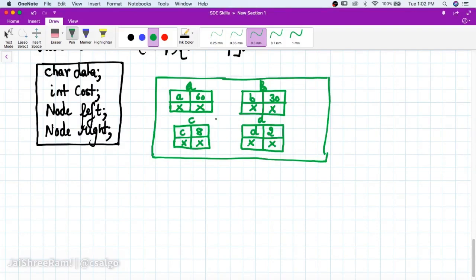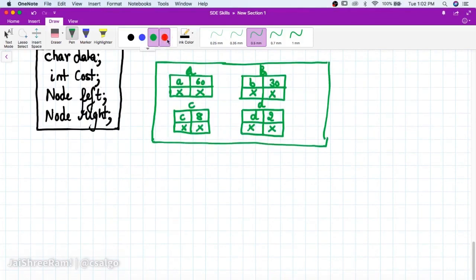Now let's see what the third step is. In the third step, we need to loop through this heap.